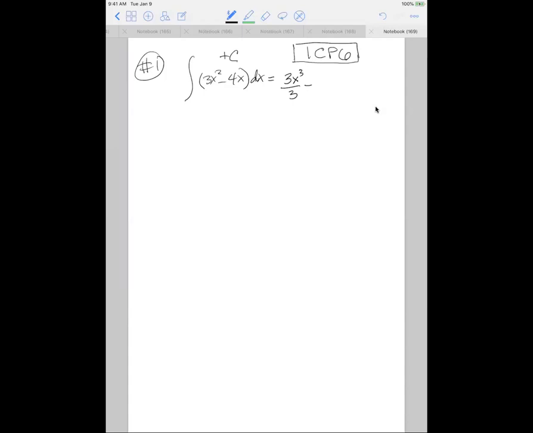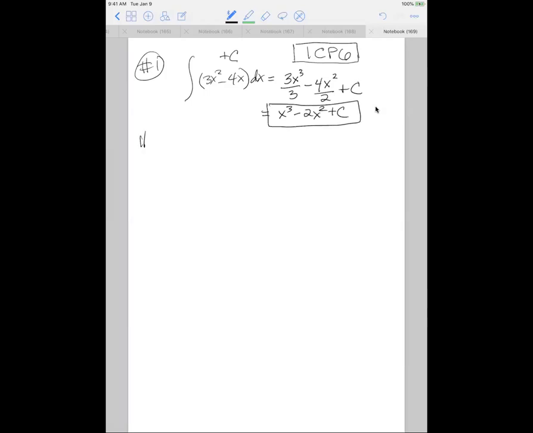Second term, raise the power by 1, divide by that new power, add c, and then simplify. So we end up with x to the third, the 3's cancel, and the 2 goes into the 4, and that gives me negative 2x squared plus c. Answer.